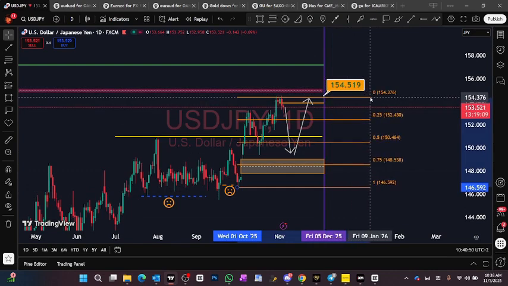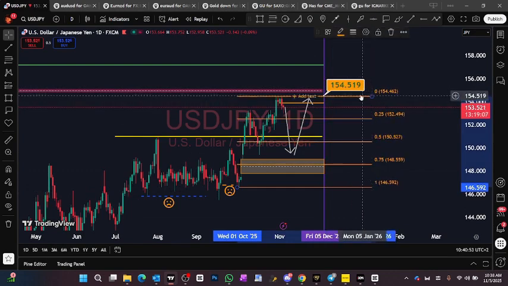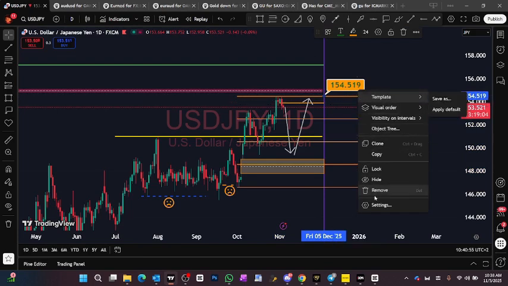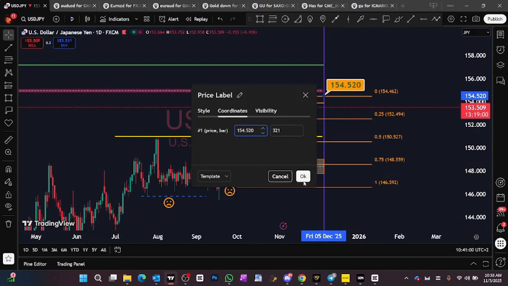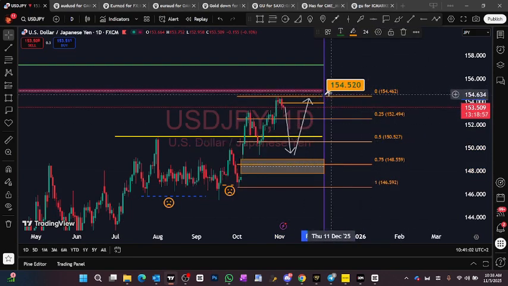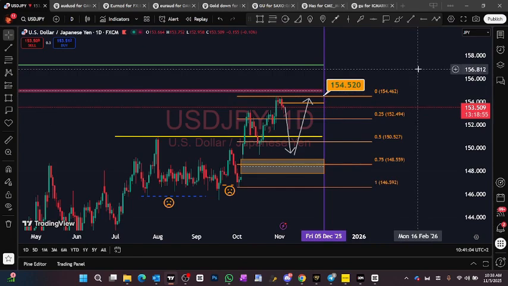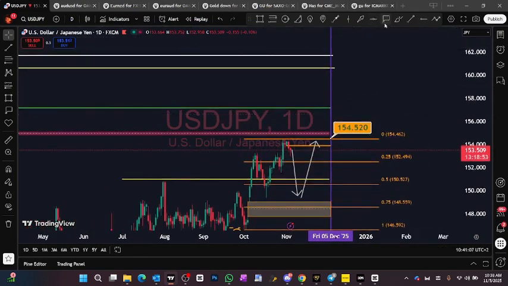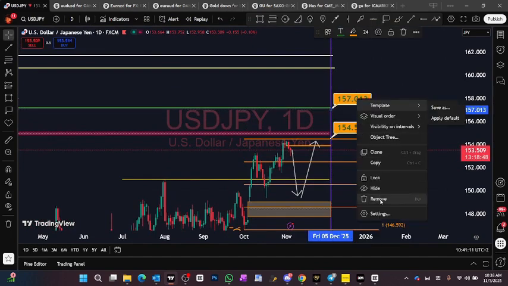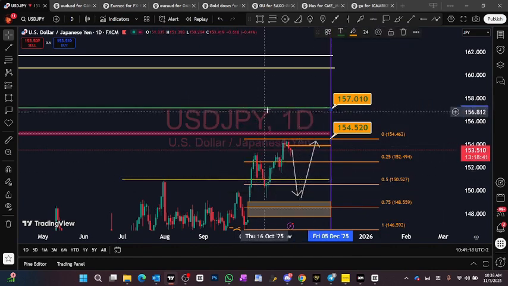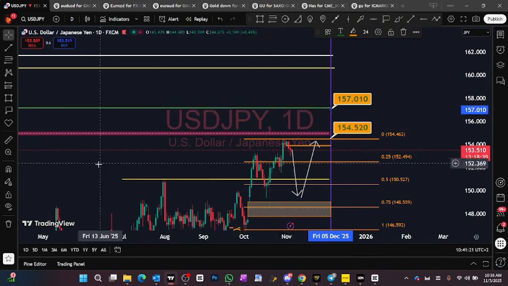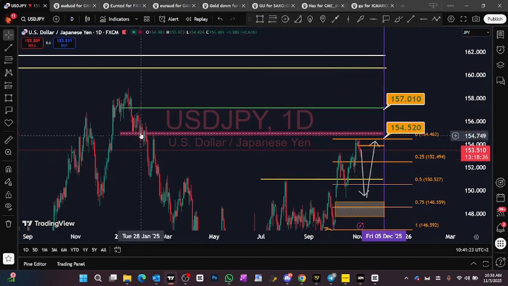Let me just drag this. You can target here. You can target also if you can hold. Remember, this is the 6 months. This green line is the 6 months resistance that we talked about.